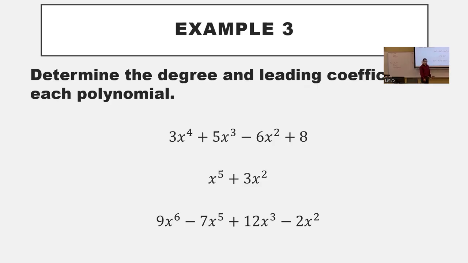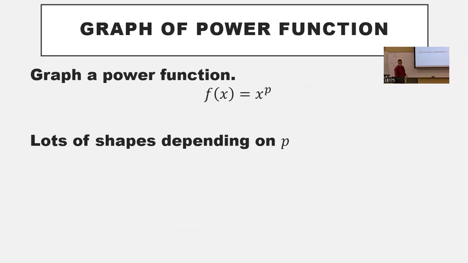On the third one, the degree is 6, lead coefficient is 9. That's pretty straightforward, right? Hopefully. And if we said f of x equals those things, then we'd say the degree of our polynomial function is whatever I just said, and the lead coefficient is whatever we just said.